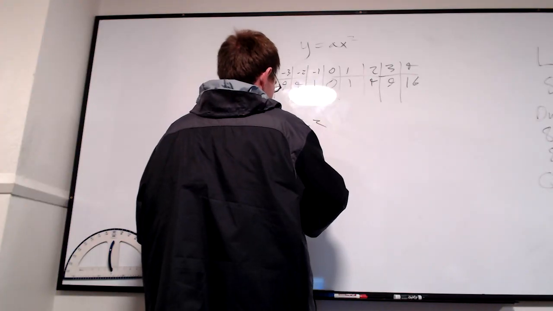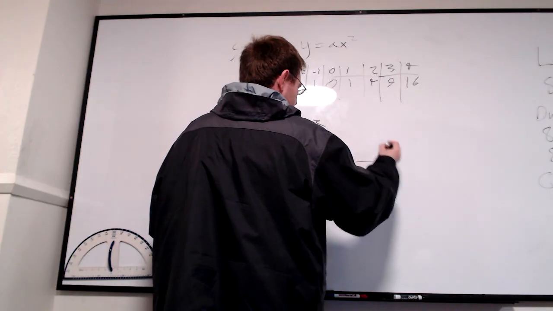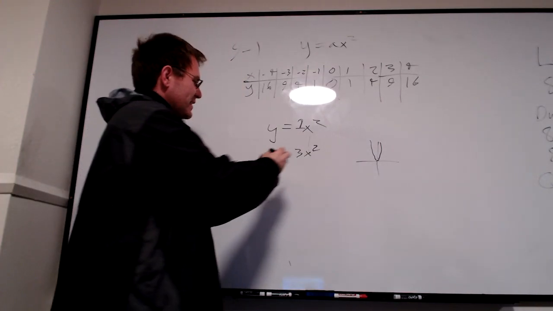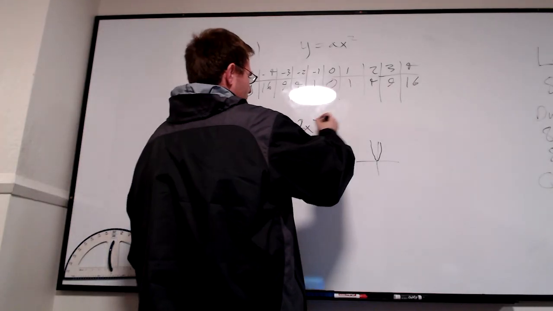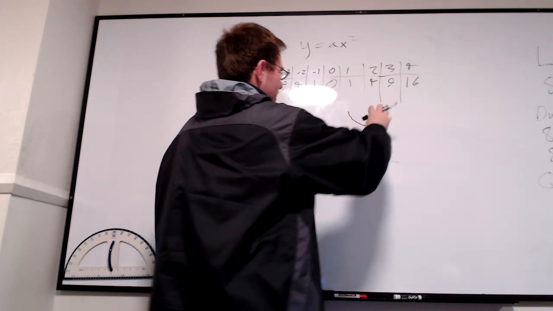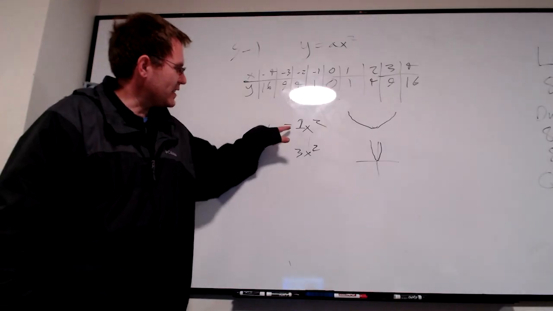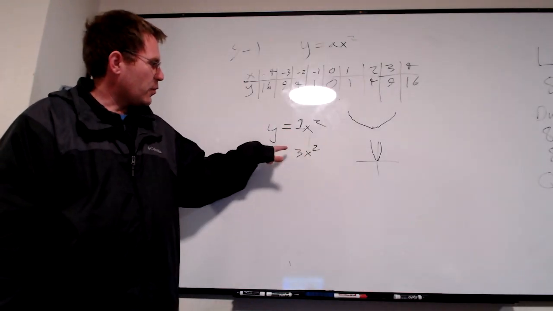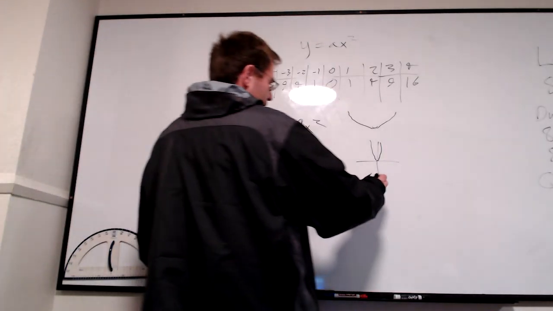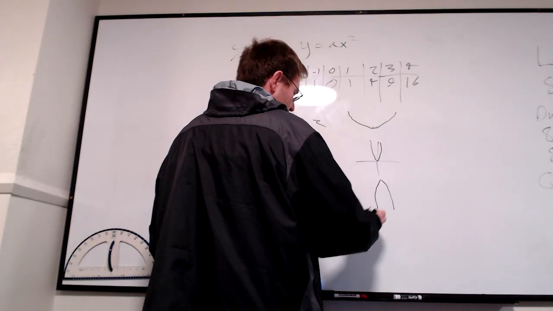If this number was 3x squared, then your parabola is going to be really steep. As this number gets larger, whether positive or negative, a larger negative number would just mean that it goes down really steep versus down slower.